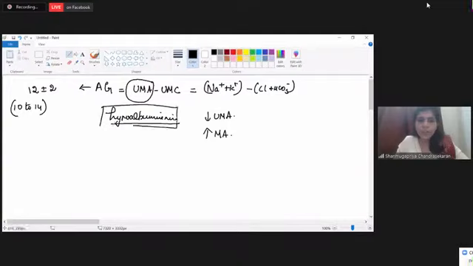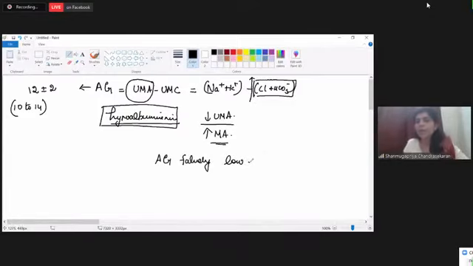So in hypoalbuminemia, there is an increase in the measured anion concentration. So this part of the formula, the value increases. Yeah, when that value increases, the anion gap will be falsely low. Do you understand this? Anion gap will be falsely low in hypoalbuminemia, which means there is a possibility of you misdiagnosing an increased anion gap metabolic acidosis as a normal anion gap metabolic acidosis.